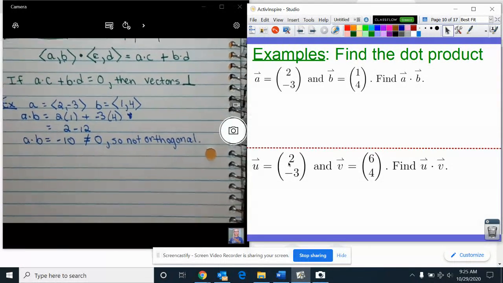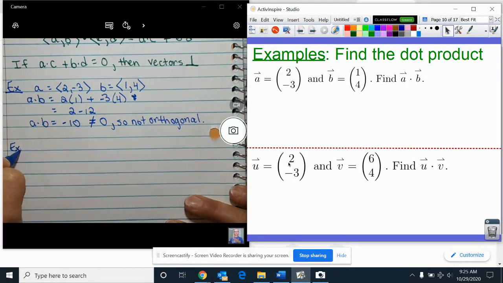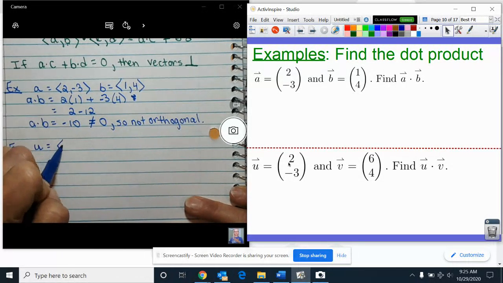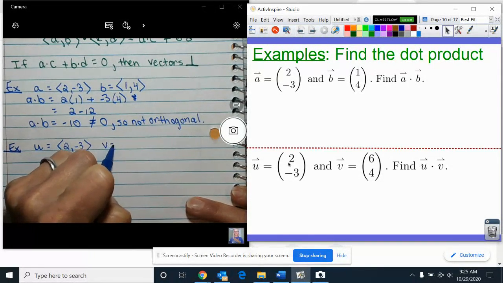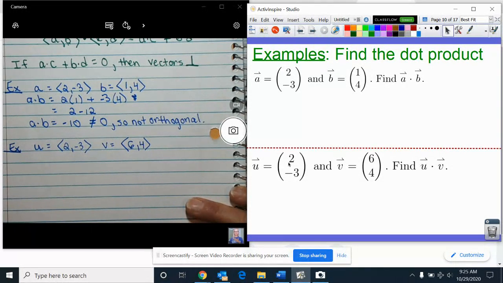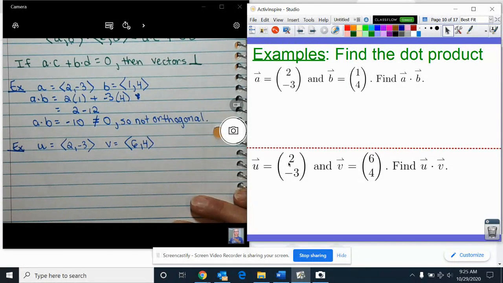Let's take a look at one more example. U is 2, -3, and now V is 6, 4. Try to do this one on your own and pause the video right now.